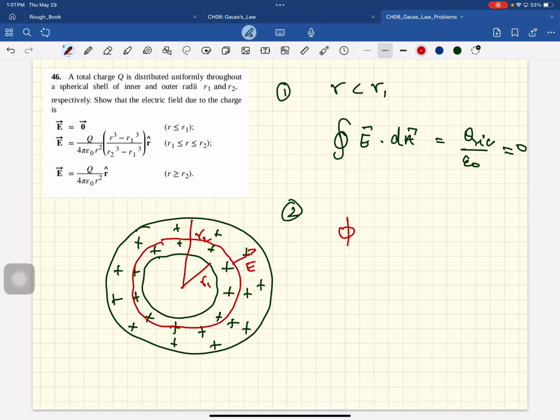And Mr. Gauss tells us that E dot dA is equal to Q inside by epsilon naught.